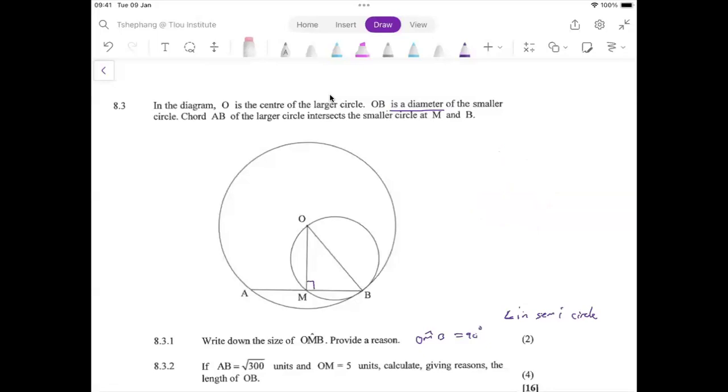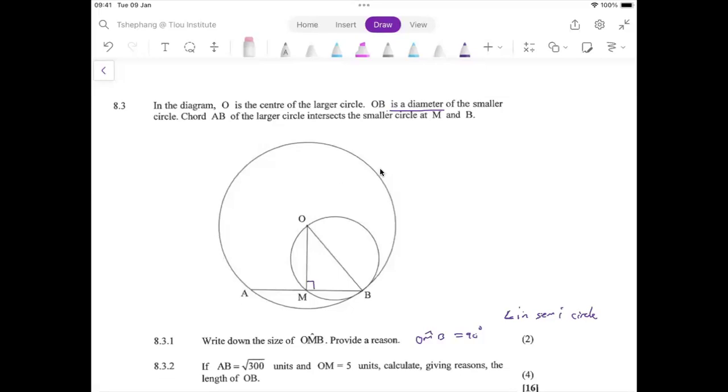Okay, then line from center is perpendicular to the chord. Yes, that is acceptable. We could say angle subtended by a diameter.